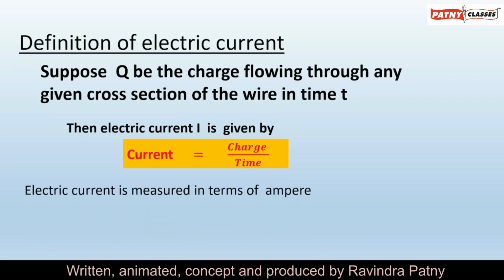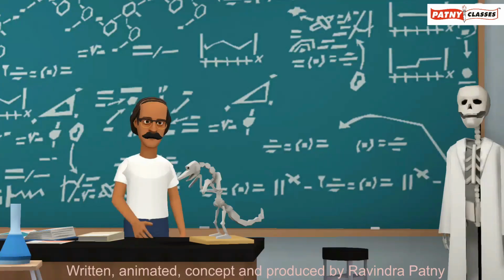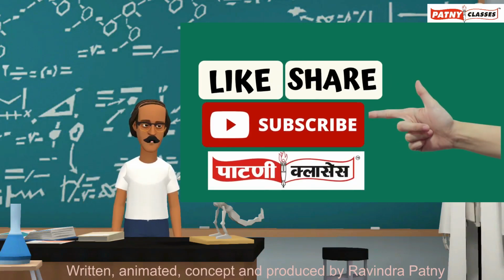Electric current is measured in amperes. 1 ampere equals 1 coulomb per 1 second. That is, if 1 coulomb is flowing for 1 second, it is equivalent to 1 ampere. This is the definition and the unit of electric current. I hope you have understood all the concepts of electric current.